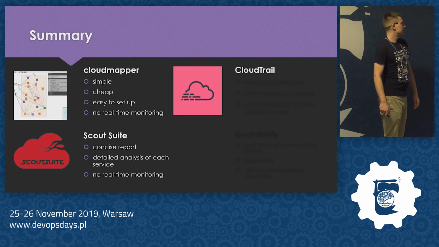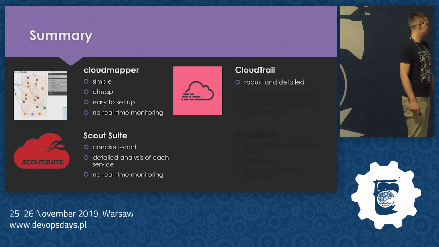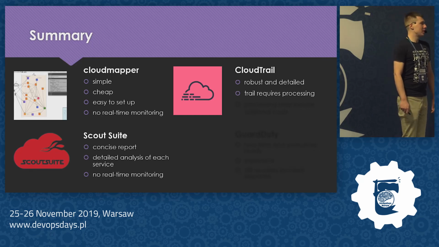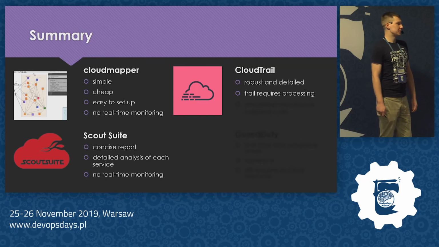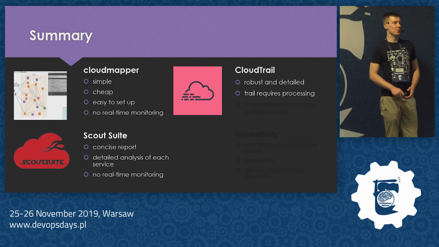CloudTrail, this is more of a real-time thing, more robust and detailed, obviously provided by AWS, so they take care of it. Still requires some processing. So if you have these events, if you just collect them, you don't do much with it. There is no real advantage to it.